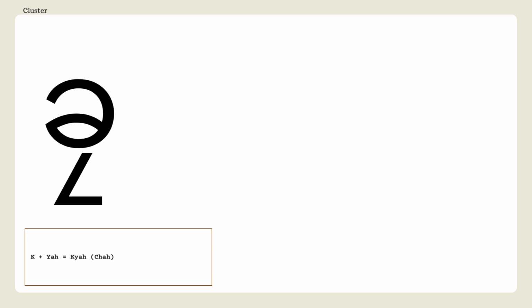The next one is ka, ya. It's not kya, it's cha. Ka, ya, cha. Any other consonants pair with ya normally, for example, ba, ya is bia. Only the consonants ga and ka have different sounds, so remember that.